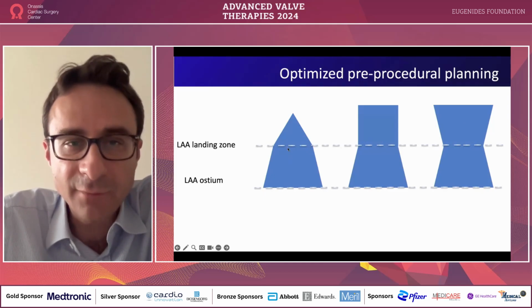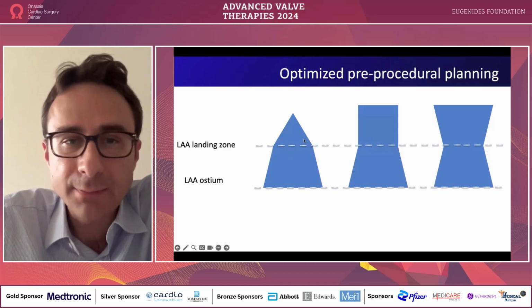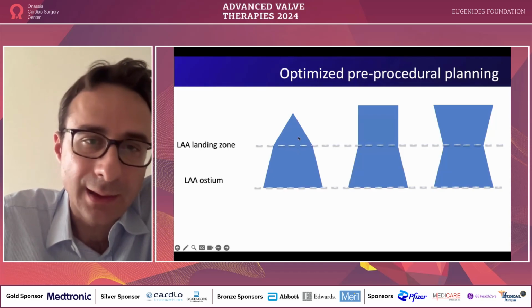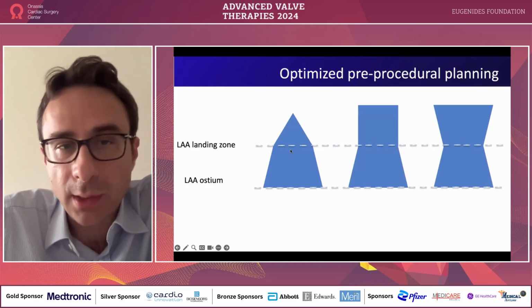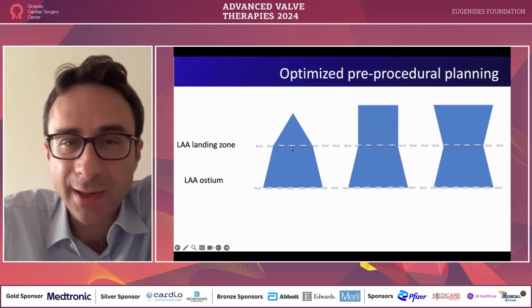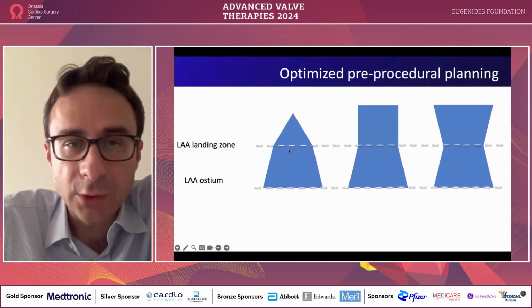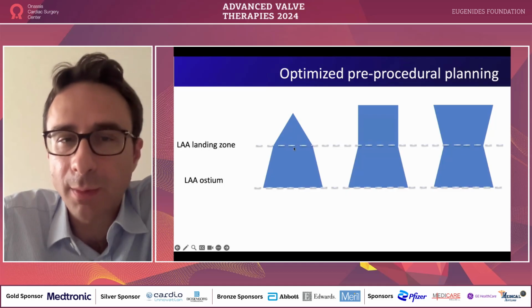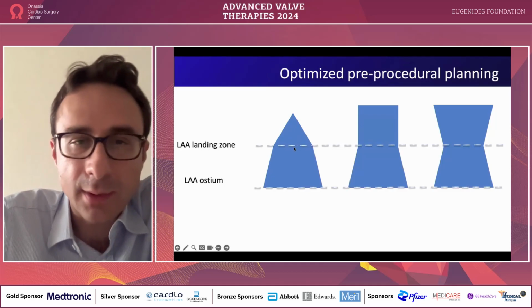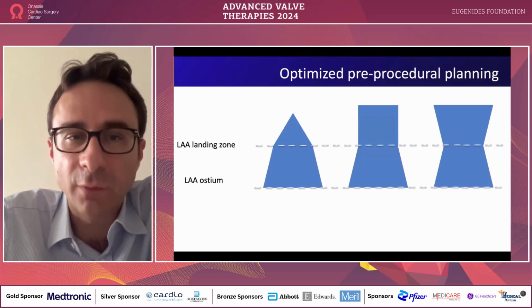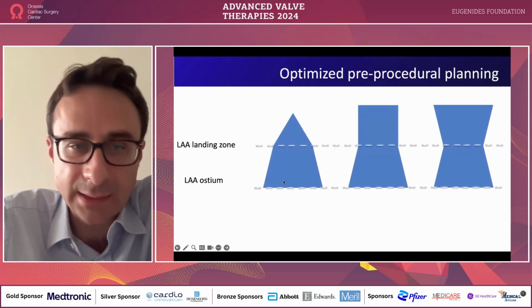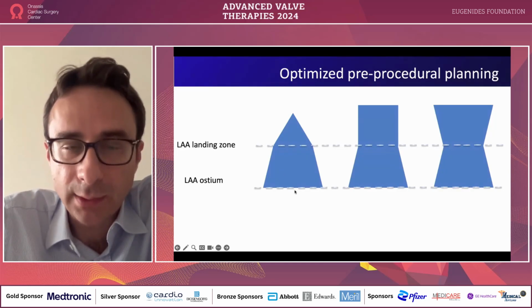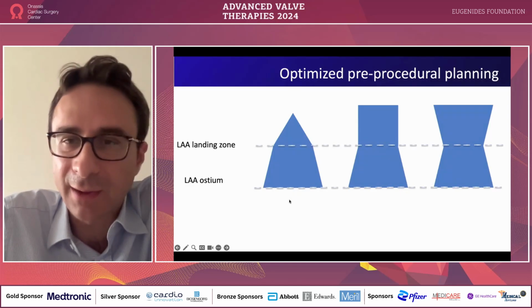Vice versa, if I have to size my device in the left structure in which there is a very narrow shape and the distal part is very poorly represented, I would probably select a smaller device size just to avoid a jump of the device back during the deployment, just because there is not enough distality.